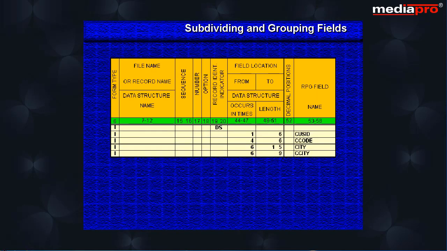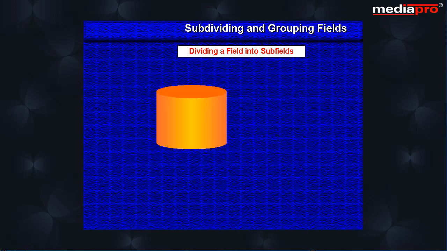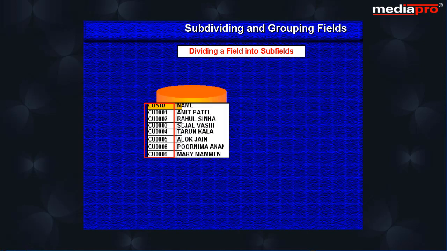Let us look at an example that uses a program-described data structure. We shall see how a data structure can be used to divide a field into subfields. We have an input file that contains the customer code and also the city to which the customer belongs.